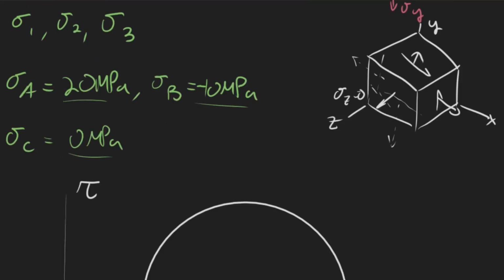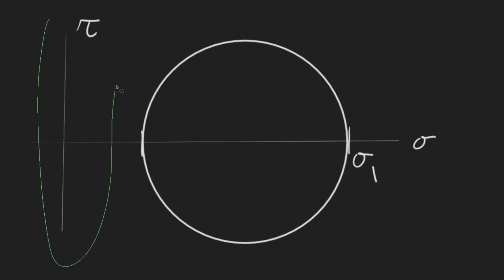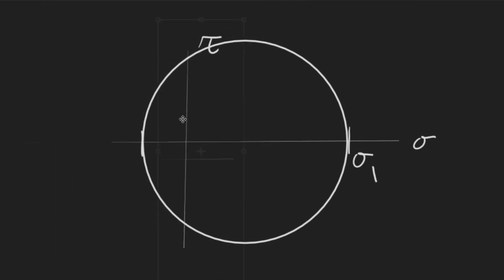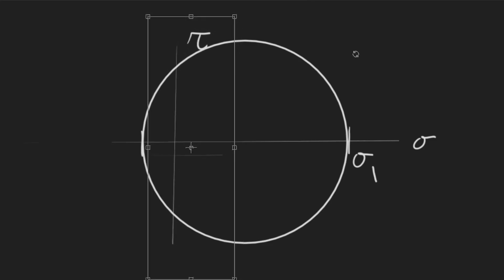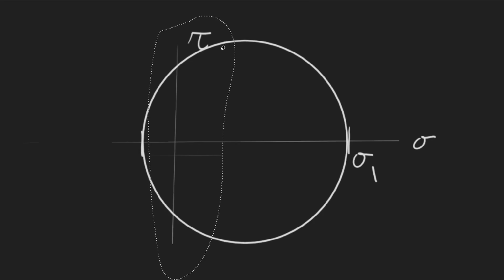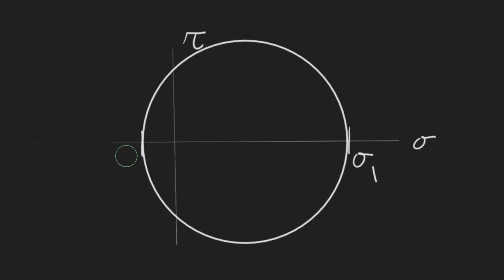So if our y-axis is in the middle like this, then our minimum is actually negative. So my minimum shear stress in the plane is negative, and my maximum is positive here, just as an example.